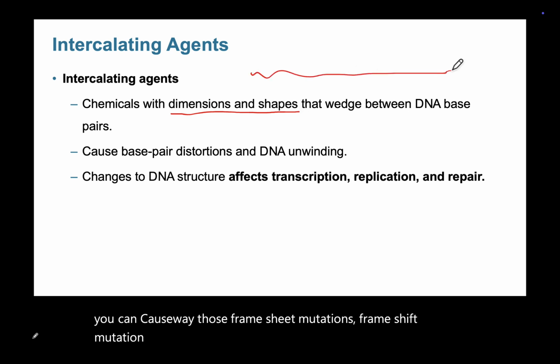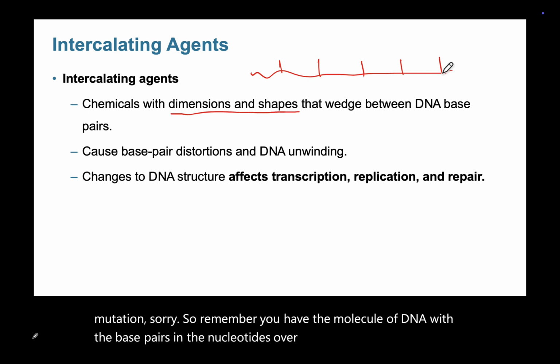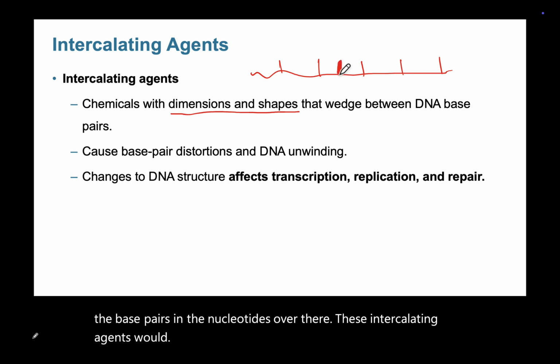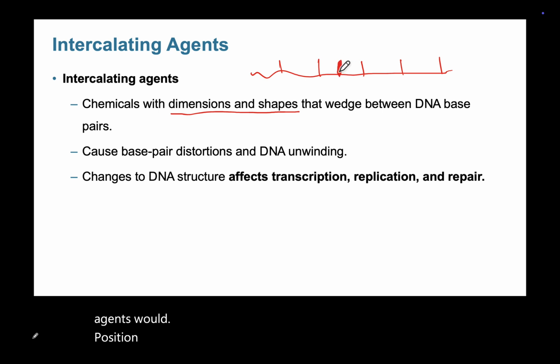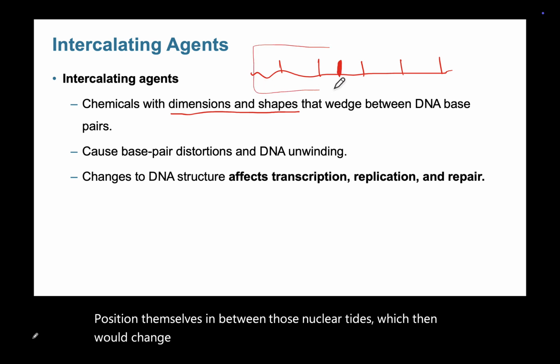So remember, you have the molecule of DNA with the base pairs and the nucleotides. These intercalating agents would position themselves in between those nucleotides, which then would change the composition of those triplet codons.